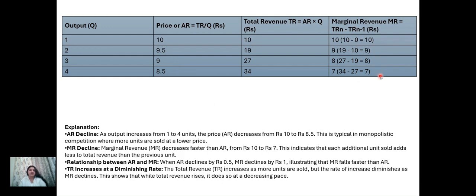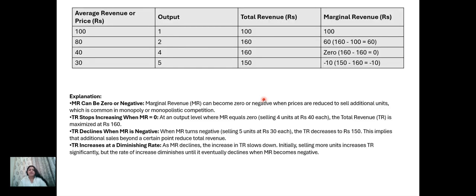This is decreasing, but the major difference is that total revenue is increasing: rupees 10, rupees 19, rupees 27 and rupees 34. So this table shows monopolistic competition, AR and MR declining, and total revenue increasing.